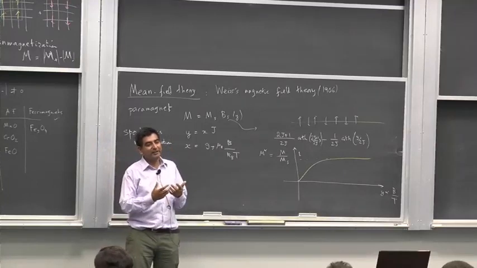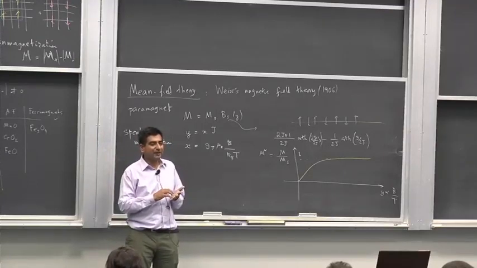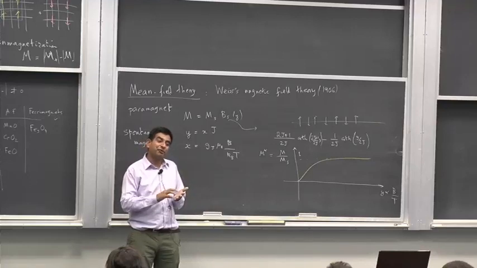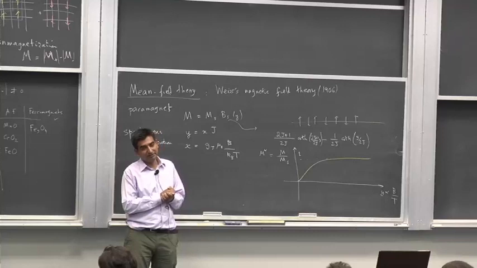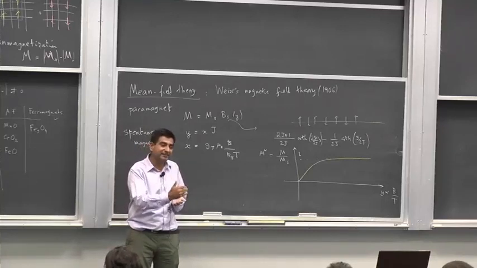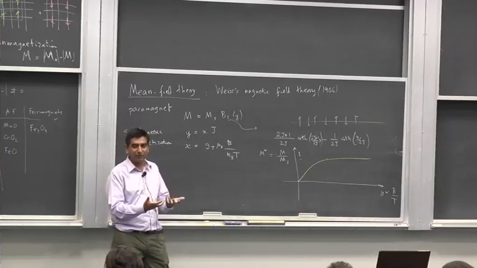That field is Weiss's molecular field. The first question we would like to see is, what should that field be? How large should that field be? The second question is, what's the origin of that field, if it exists at all? So this is the question at hand.